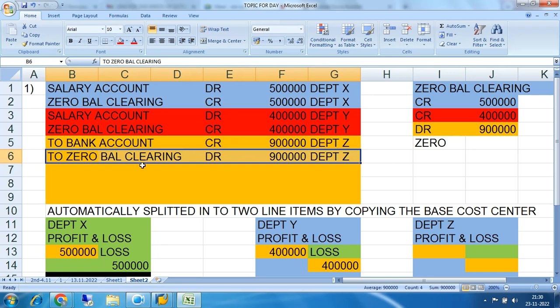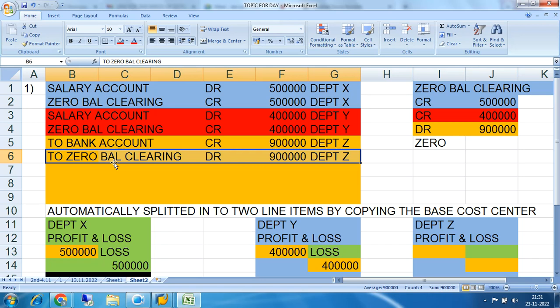Actually here the document is not split, but an additional line item is created. So whether document splitting is done or a zero balance clearing line item is generated, both are part of your document splitting topic, right? So any questions on your behalf regarding this zero balance clearing and document splitting?